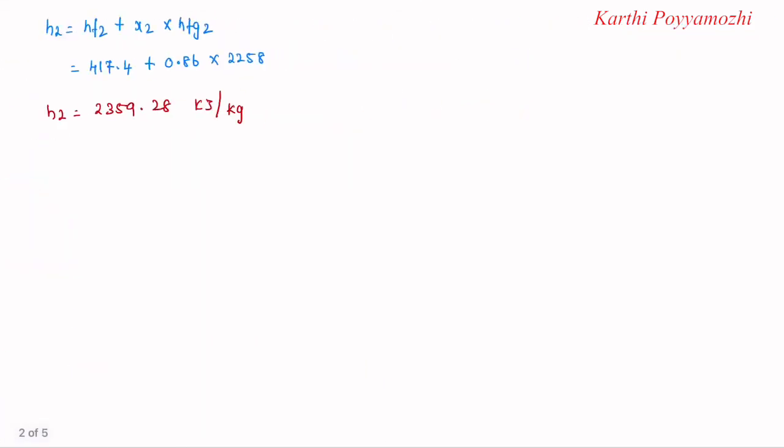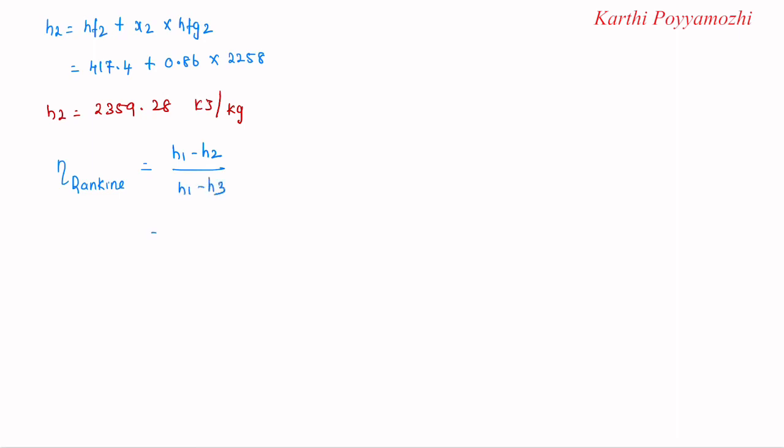Okay. Now we have all the values to find the efficiency of the Rankine cycle. That is, the efficiency of the Rankine cycle is given as H1 minus H2 divided by H1 minus H3. Okay.